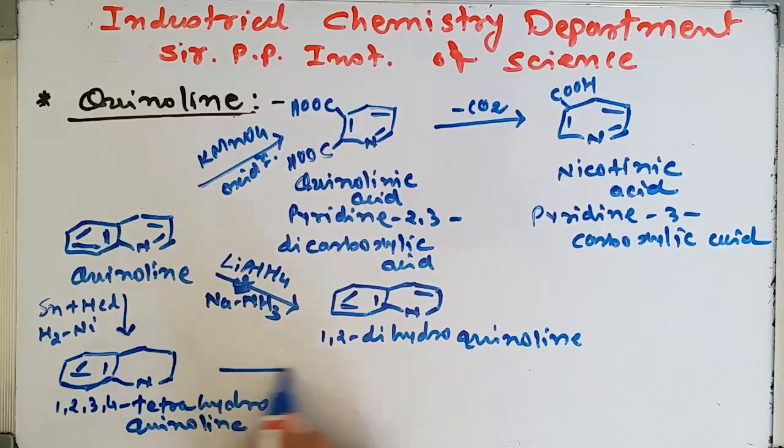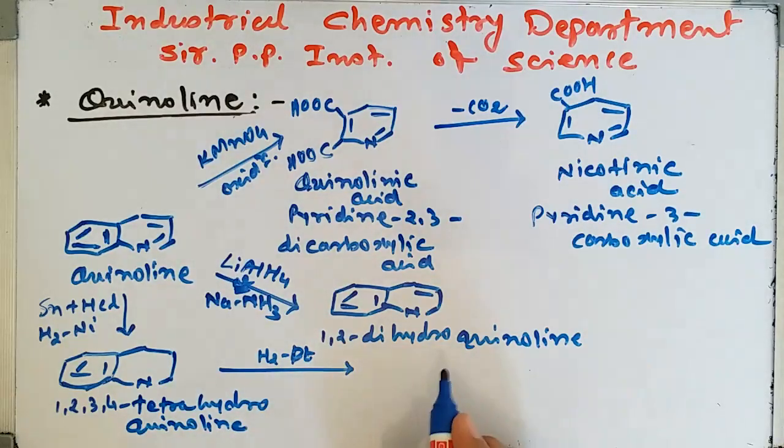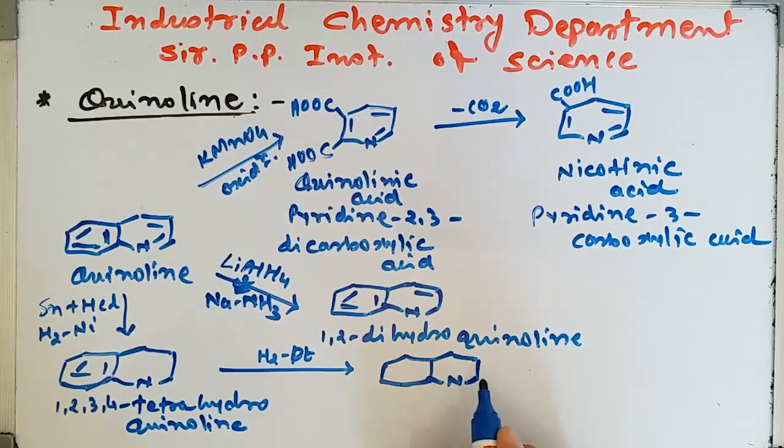And if we react with H2/Pt, platinum reduction, then we get loss of double bonds in both rings. It is decahydroquinoline.